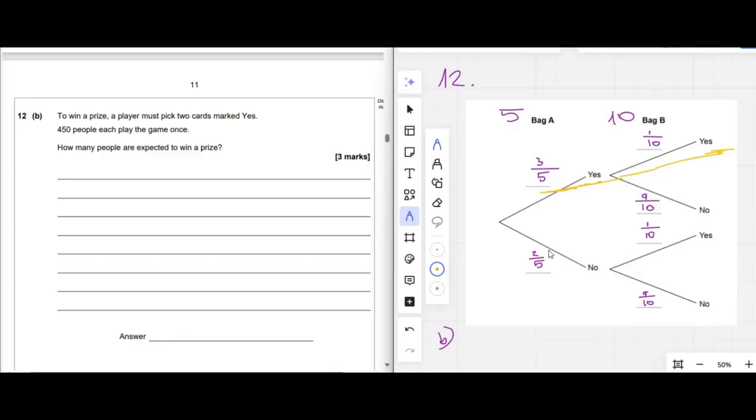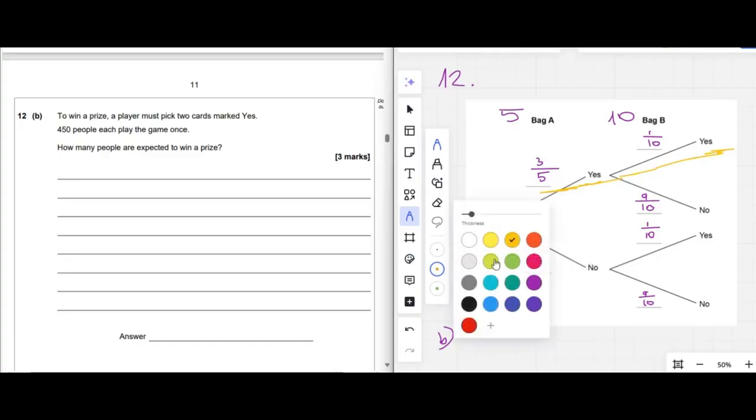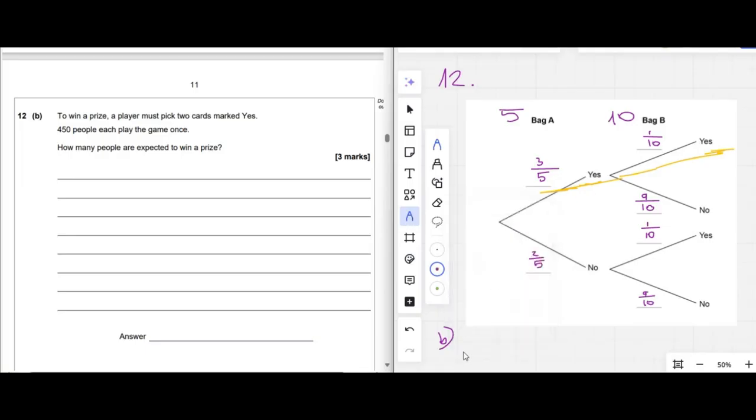We cannot go another way because one of them will be no. So it's the only route we can go. And then we have to multiply those probabilities and then times the number of people that played, 450.